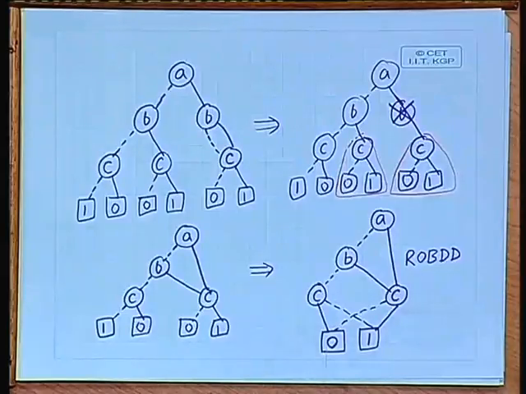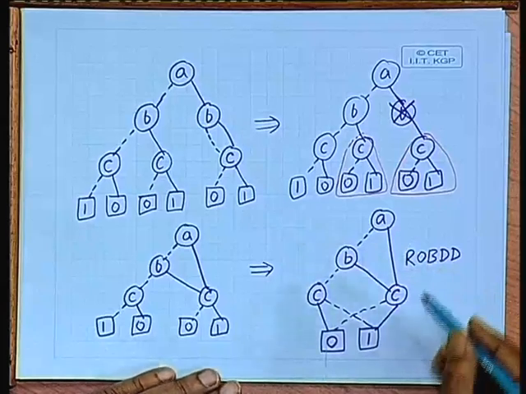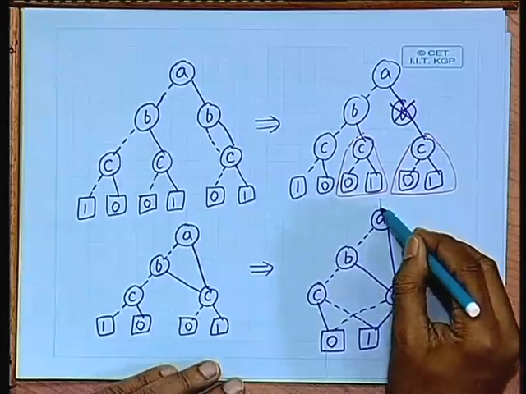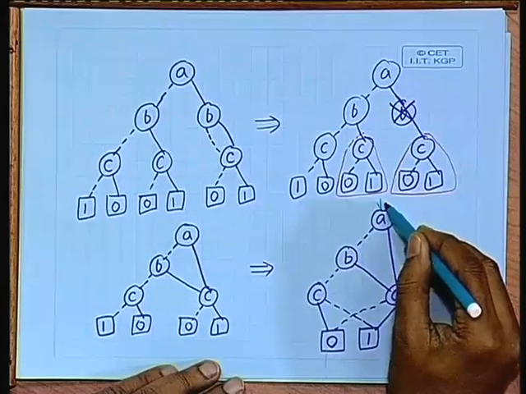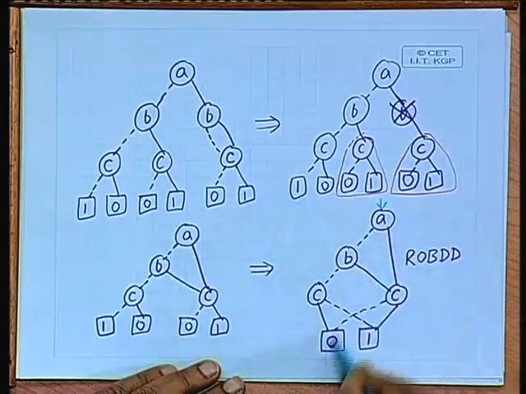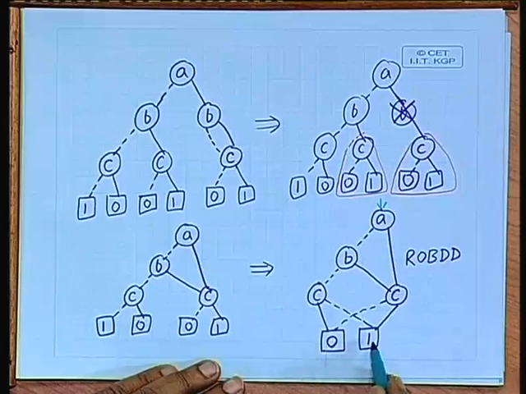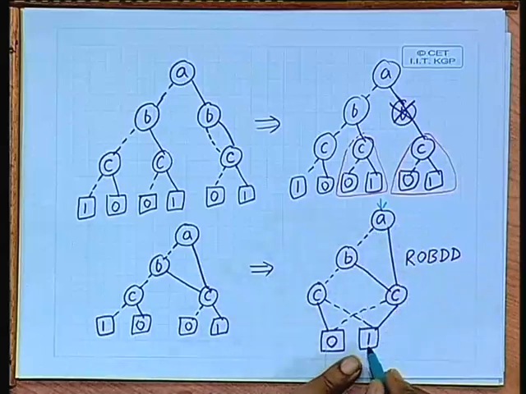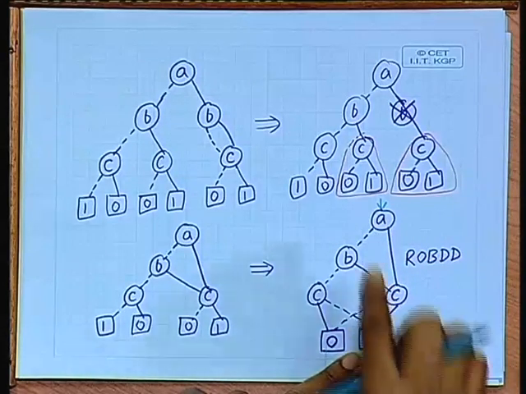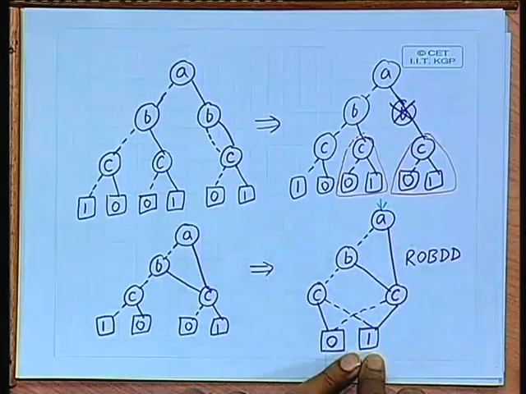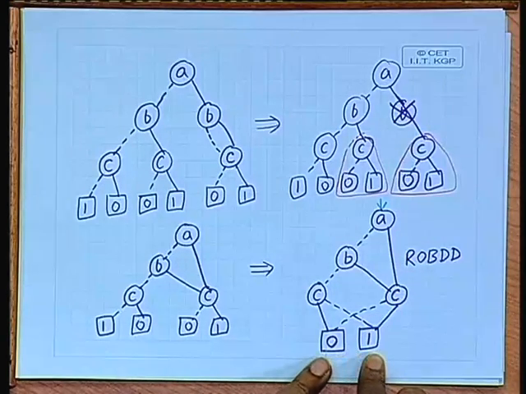And another thing, if you look at this diagram again, you will also observe that in this diagram you see this is the root, and finally you are landing up into the nodes zeros and ones. See, if you finally land up into 1, it means that for this particular input combination the function is true, 0 means it is false.